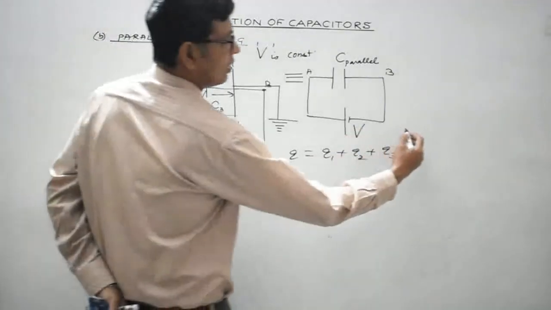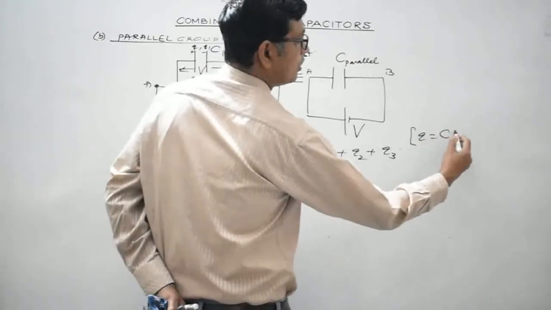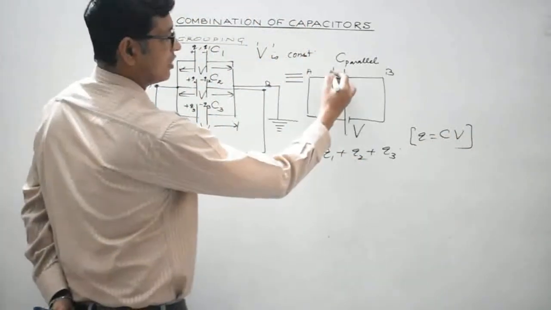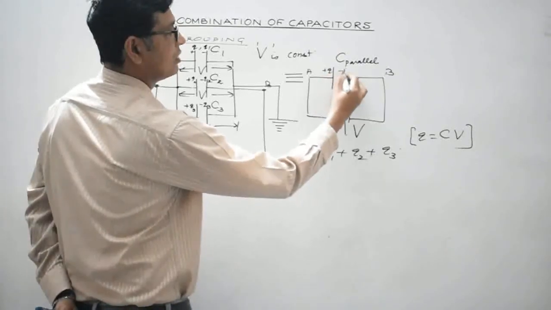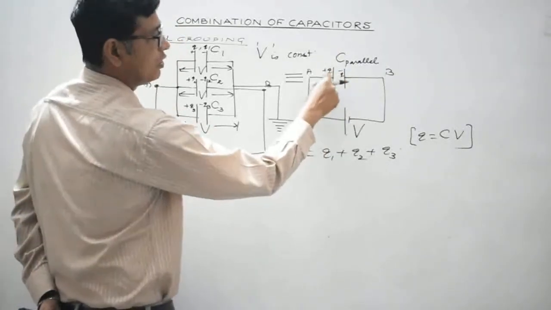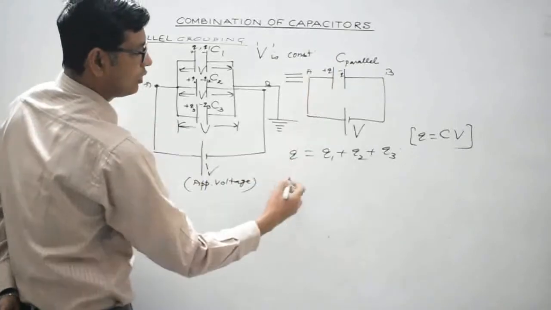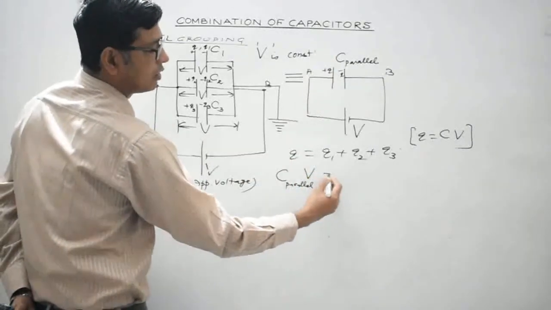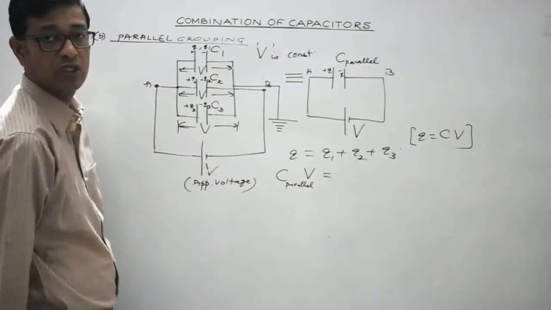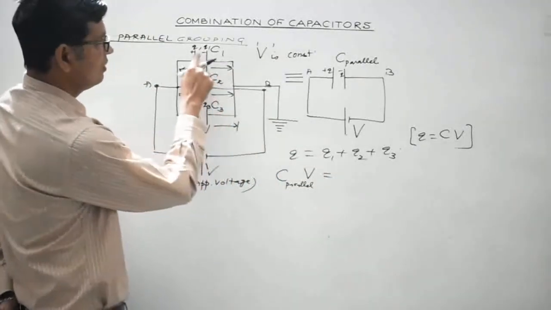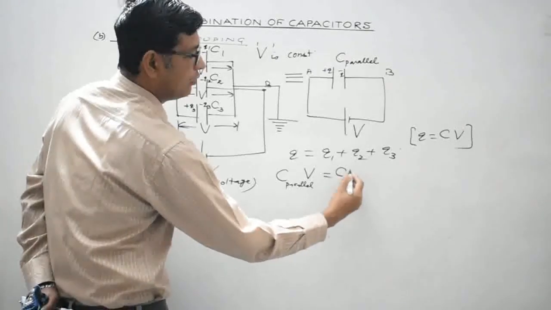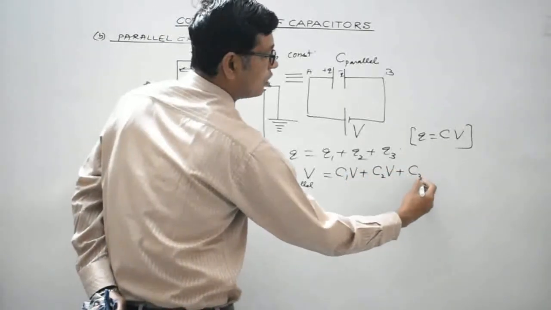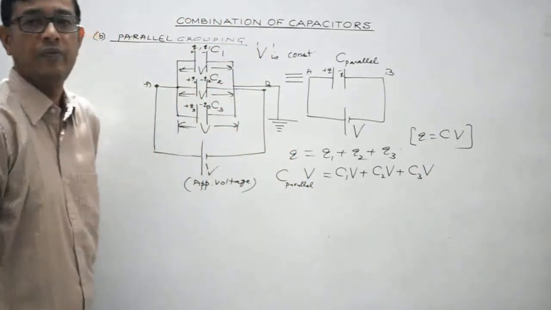And the basic formula is Q is equal to CV, isn't it? So Q, this is the net charge. What's the relationship between Q, C and V? Q would be equal to C parallel multiplied by the common potential, which is equal to the applied voltage. What is Q1? It would be equal to C1V. Q2 would be equal to C2V. Q3 would be equal to C3V.